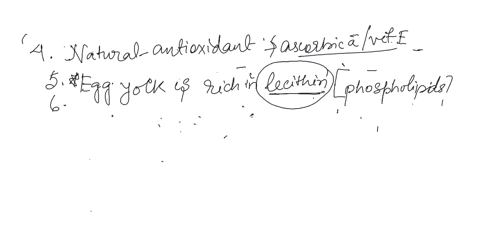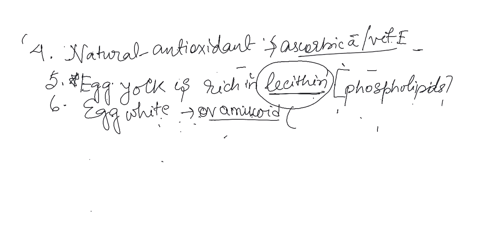Next is egg white. Egg white will have one protein. Okay, egg white is basically having ovomucoid, and that is not coagulated by heat. So when you are studying about this, I'm giving you the tips what you have to do.